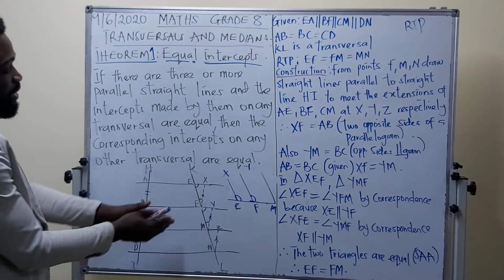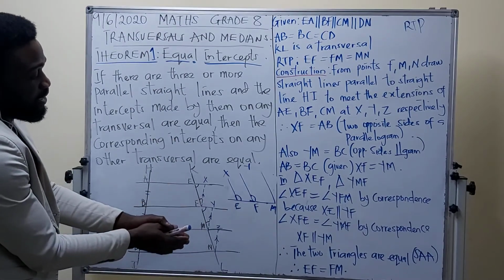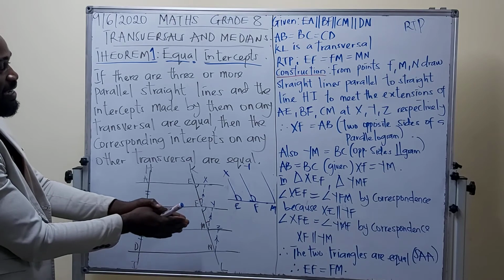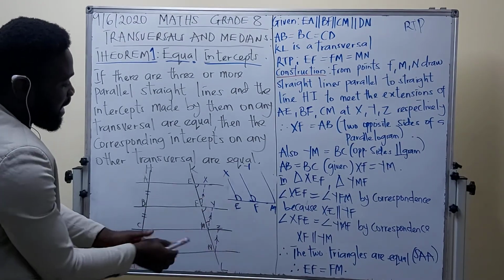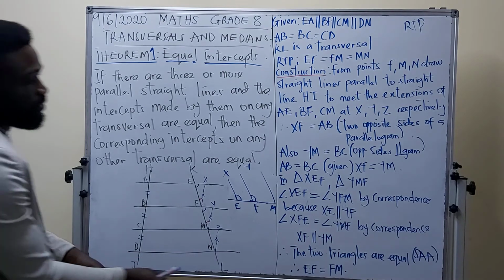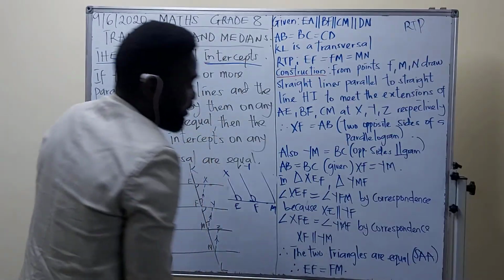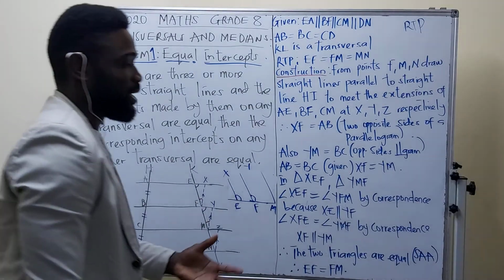Now we've been able to get two equal angles. And don't forget we have a side that is equal already, that is XF is equal to YF by proof. So now, the two triangles are equal. We call them congruent triangles.